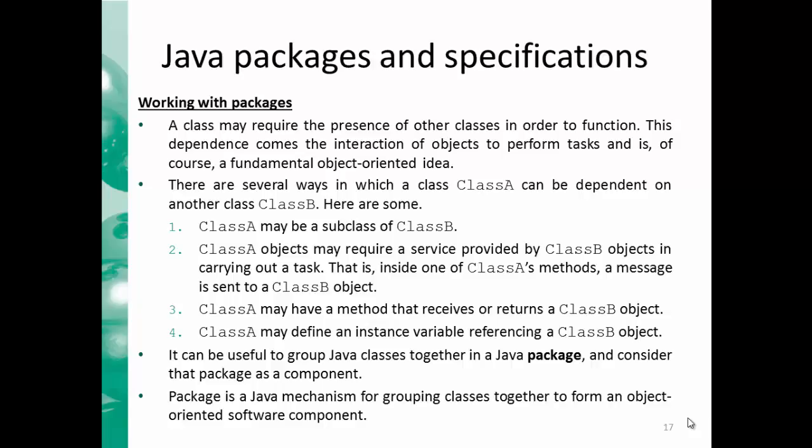So a class B object is a parameter in one or more of the class A methods, or returned by one or more of the class A methods. The fourth case is that class A may define an instance variable reference of class B, meaning one of the states or attributes of class A is an object of class B.